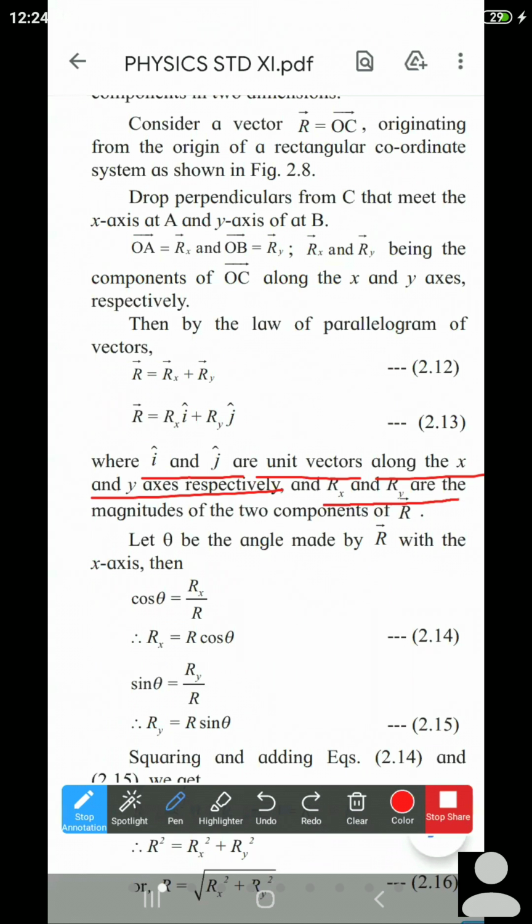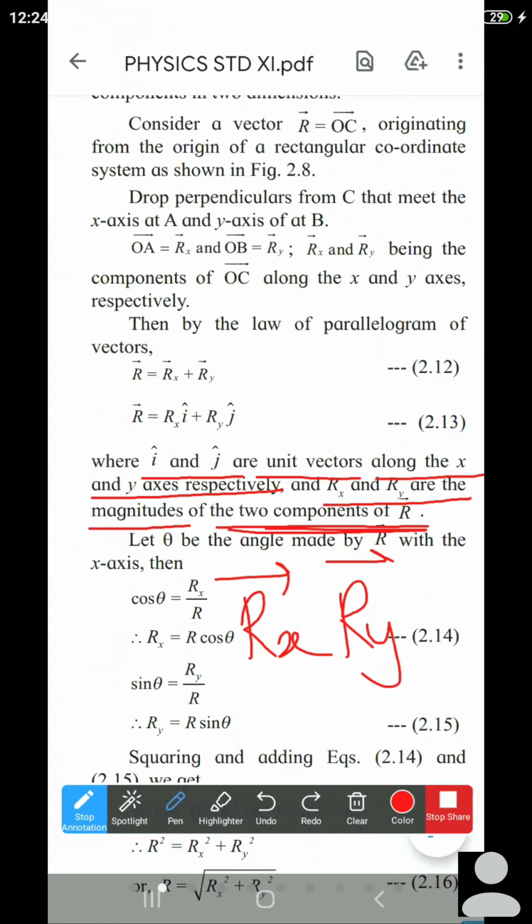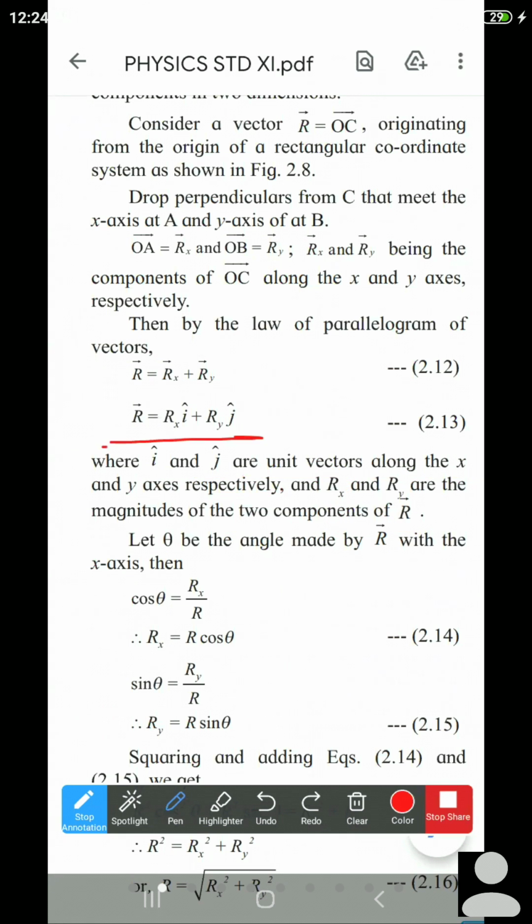Only Rx and Ry are the magnitudes of the two components of R bar. दो कंपोनेंट R बार के कौन से हैं? Rx बार, Ry बार और इनकी मैग्नीट्यूड है Rx, Ry. So we can write the vector in this form also. Now we are going to find out the magnitude of that R. वो जो R vector है उसकी magnitude find out करेंगे.